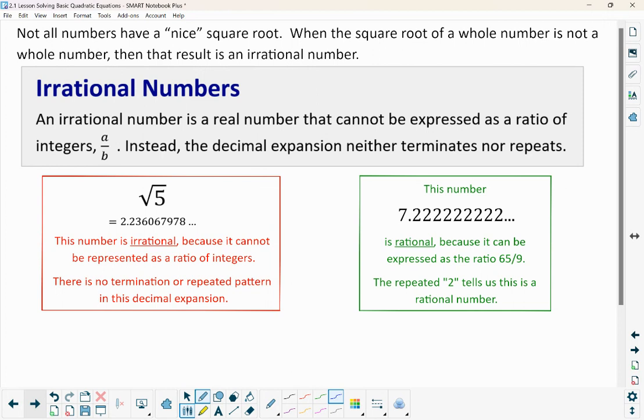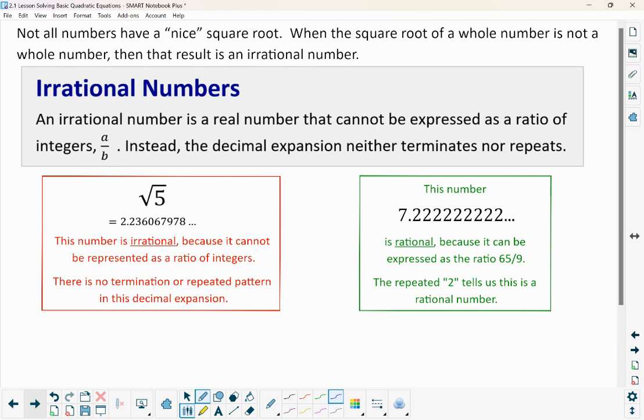So it doesn't end and it doesn't have a pattern to it. A number like the square root of 5, for example, is irrational. If we think about its decimal expansion, it's 2.236067978 dot dot dot. There's no termination, there's no repeated pattern in this decimal expansion, and so the square root of 5 is an irrational number.